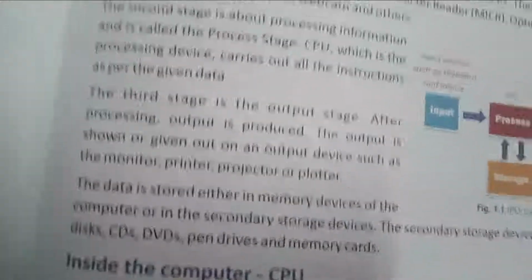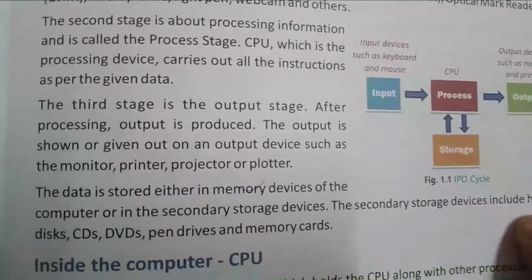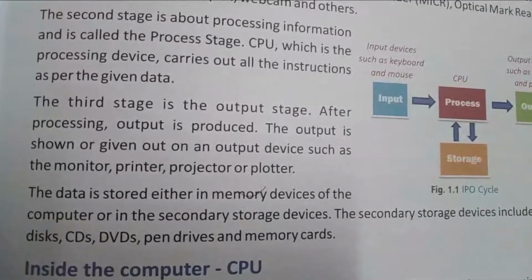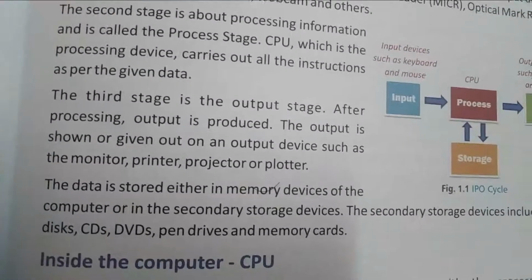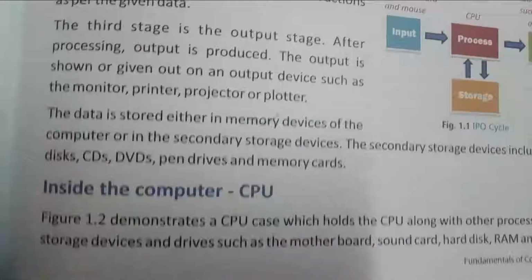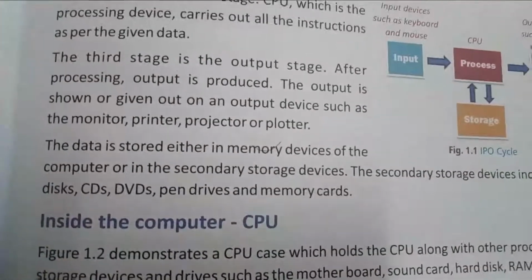So what is the secondary? The secondary devices include hard disk, CD, DVD, pen drive, and memory card. You got it? Okay, so moving on to the next one. Inside the computer CPU, figure 1.2.